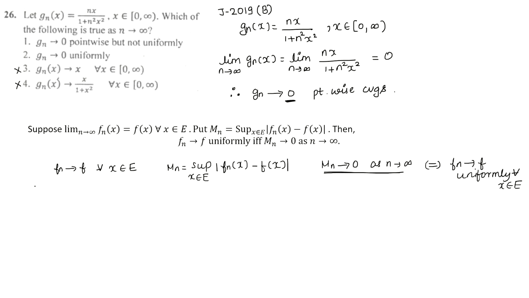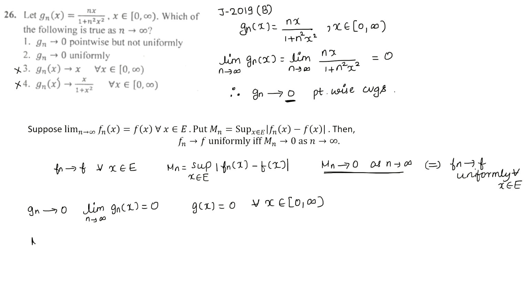So we can use this theorem here because we know that Gn converges to 0, that is limit n tends to infinity Gn of x is equal to 0. So we have g of x is equal to 0 for all x belongs to closed interval 0 to open infinity.